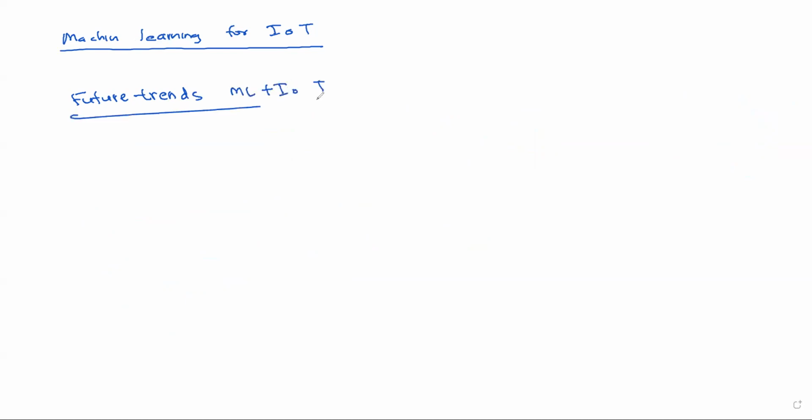One is using machine learning in edge computing. Edge computing and artificial intelligence together, we call edge AI.